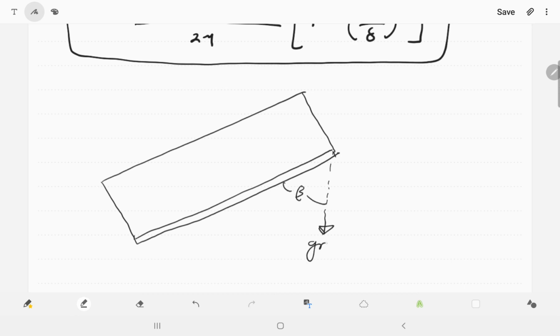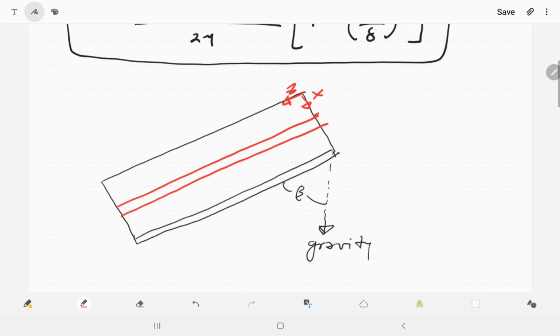This one is the gravity. And then this one is Z, this one is X, and initially what you take in here is your fluid shell element, with the thickness of delta X. This in here has a thickness of your film thickness.